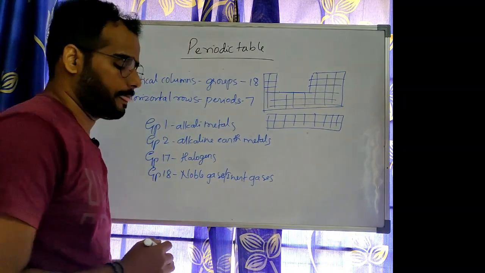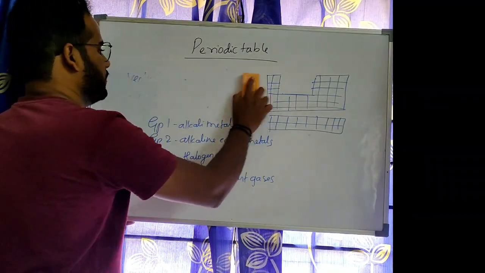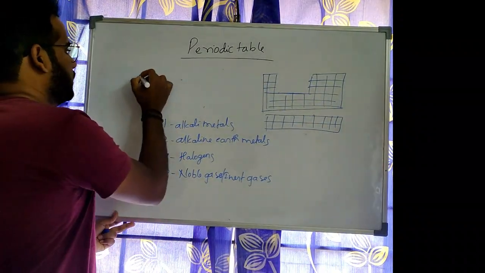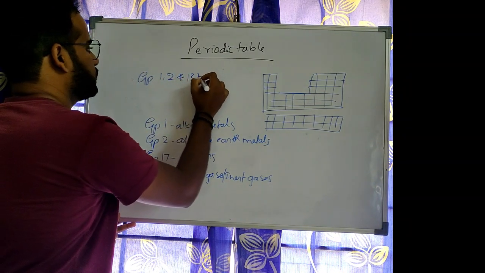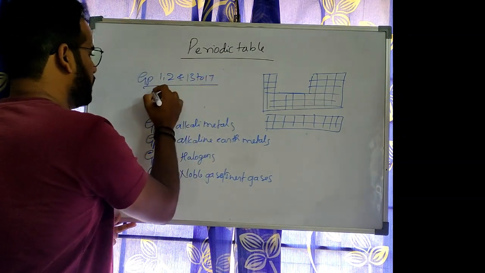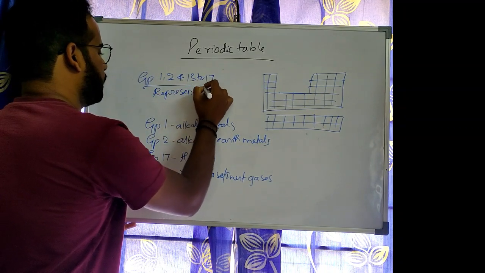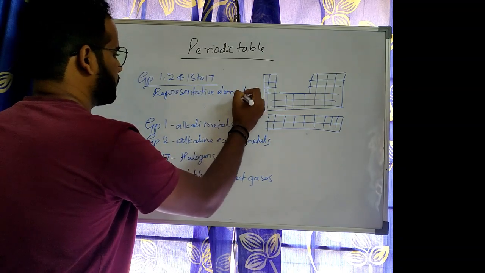Apart from this, we have certain more categories in the periodic table. If you take group numbers 1, 2 and 13 to 17, these elements are called representative elements.